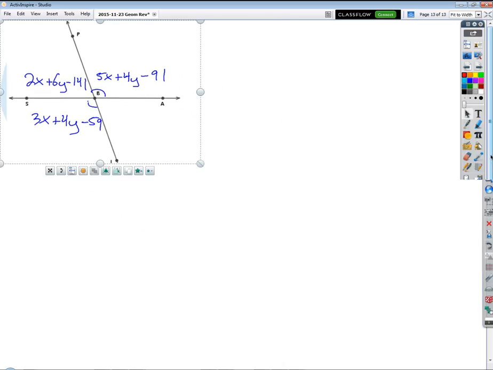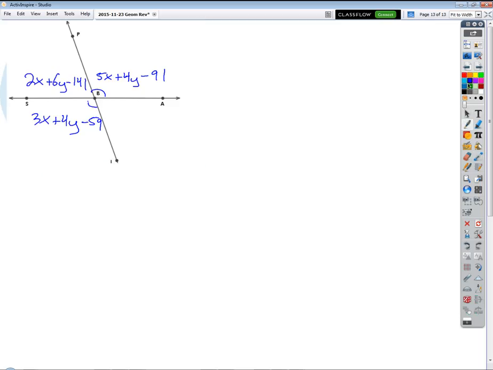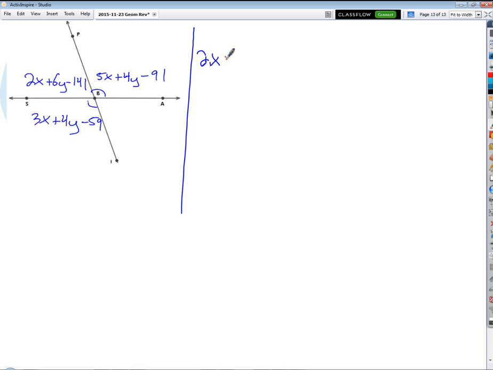Okay, so we get then the equation 2x plus 6y minus 141 plus 5x plus 4y minus 91 all equals 180.